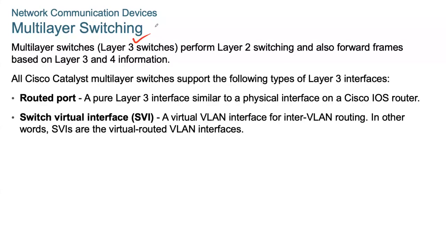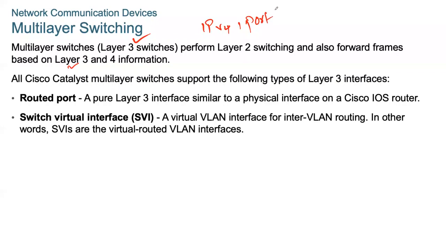They not only perform layer 2 switching, but also forward frames based on layer 3 and 4 information. So what is layer 3 and layer 4 information? At layer 3, you have the IP addresses, the IP version 4 addresses, and at layer 4, you have the TCP port numbers.